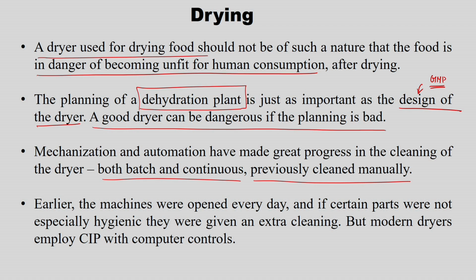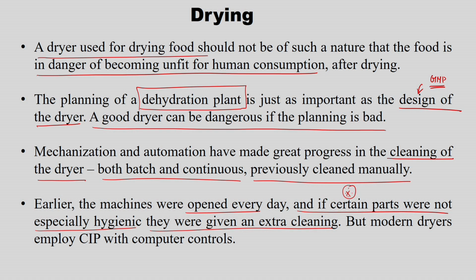So, when you automate the cleaning process, we also need to ensure the cleaning is done properly. Earlier the machines were opened every day, and if certain parts were not especially hygienic, they were given extra cleaning. This is possible in the manual process, right. So we know certain parts need extra cleaning.